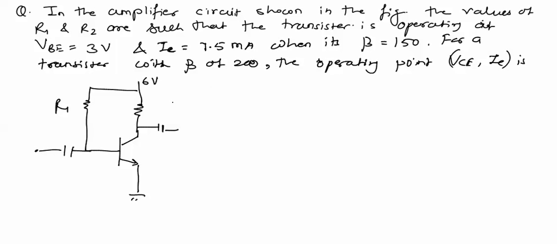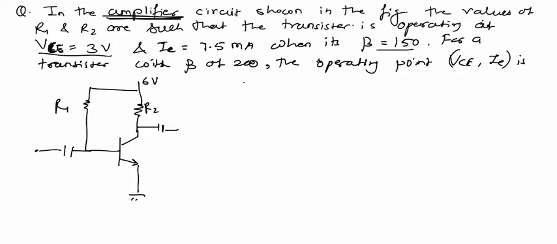Now in this circuit we have given that the transistor has beta equal to 150, VCE equal to 3 volts, IC is equal to 1.5 milliamperes. Now for this transistor, this word amplifier is used.